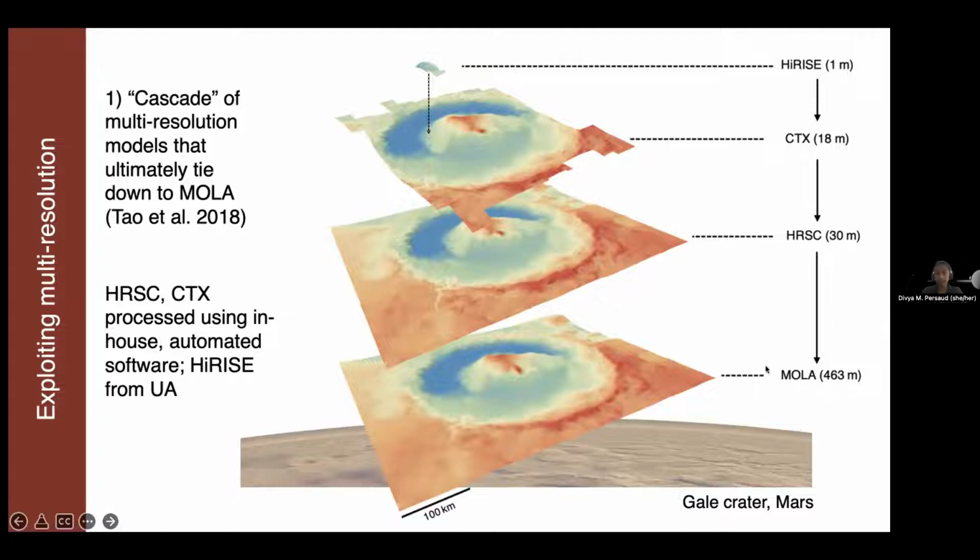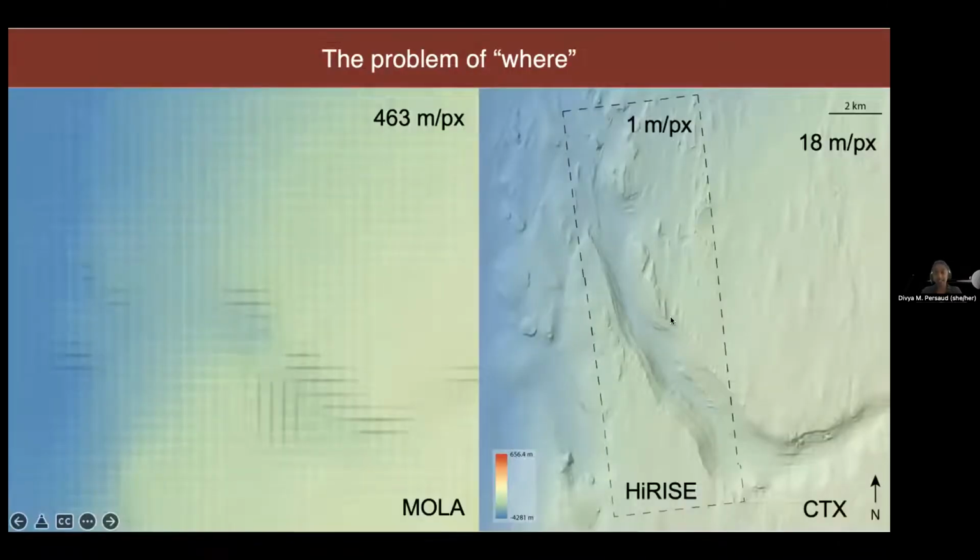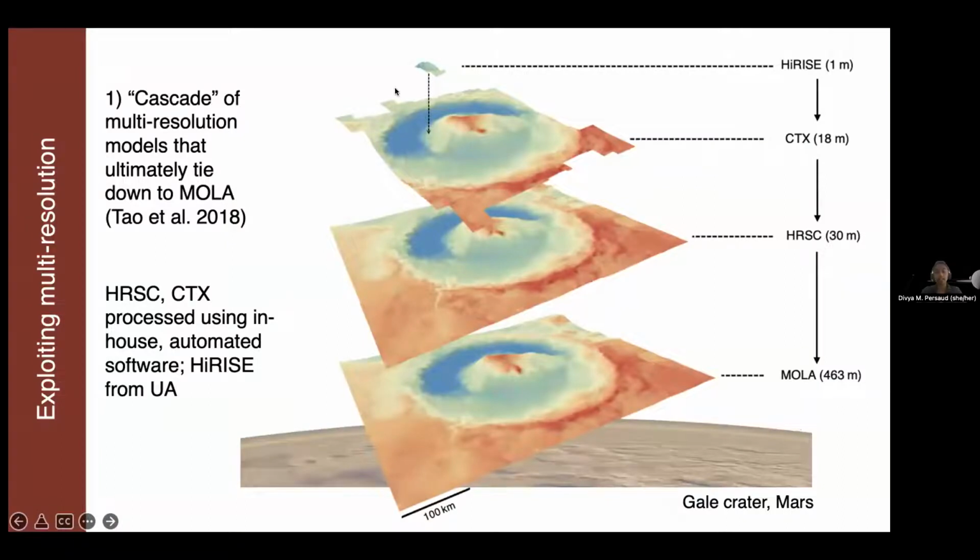And at the base, we have MOLA, which is 463 meters. And if we go progressively by resolution, so the next lowest, which is 30 meters, the next lowest, which is 18, until finally we get to the highest resolution, which is 1 meter. It's a lot better than trying to align this really sharp image to this really fuzzy one. So that is all explained in this paper, the sort of gains from doing that.